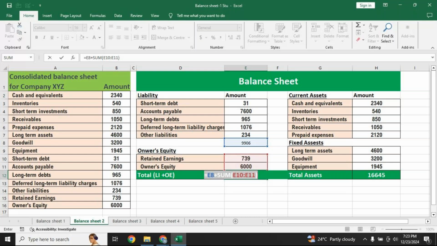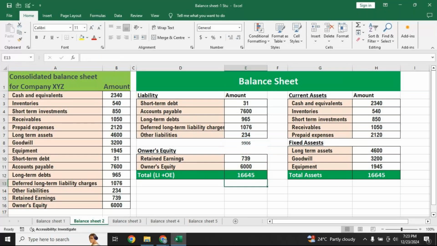So I hope you understood how this is done. And here balance sheet 3.